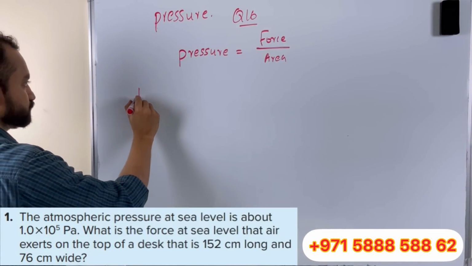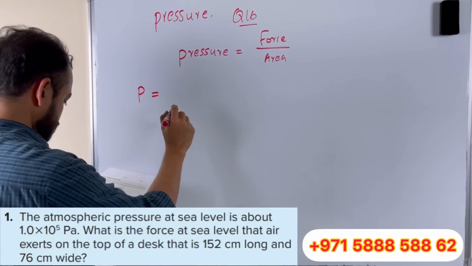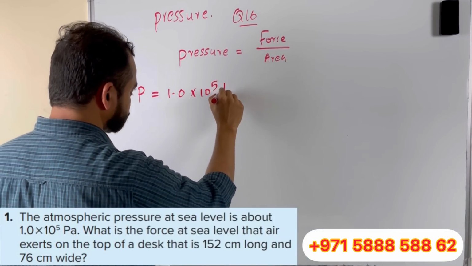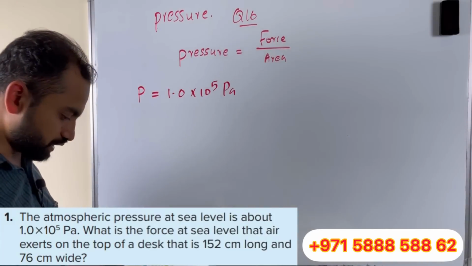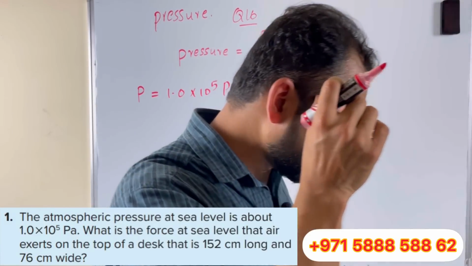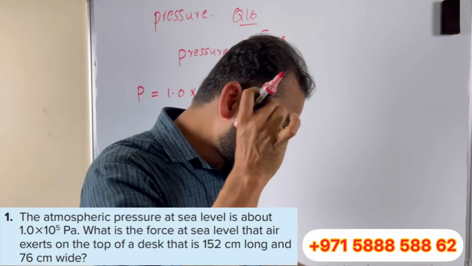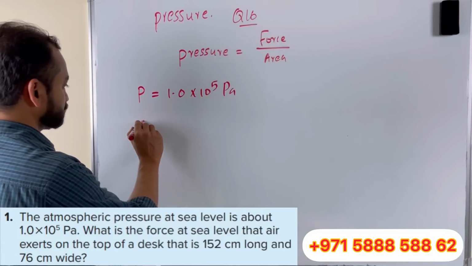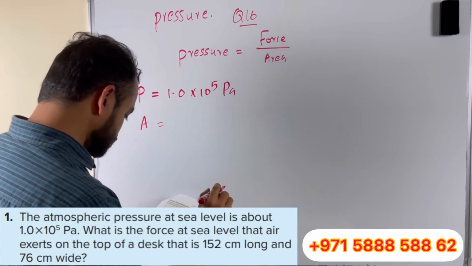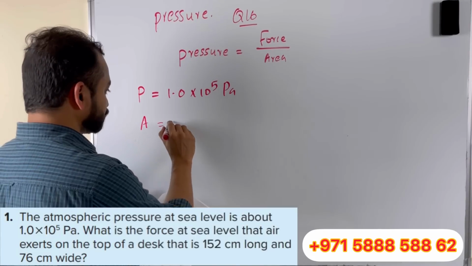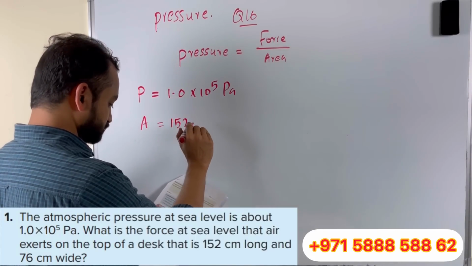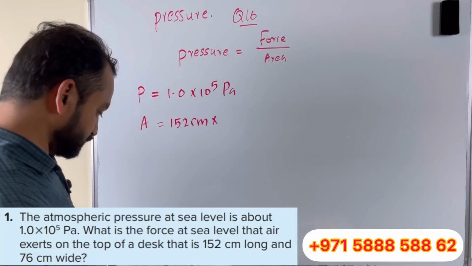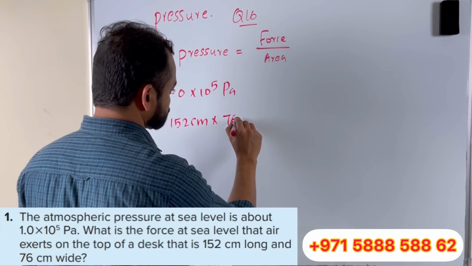So here pressure is given, that is equal to 1.0 times 10 to the power 5 Pascal. What is the force at sea level that air exerts on the top of a disc, and the area of the disc is given like this. It is 152 centimeter long and 76 centimeter wide.